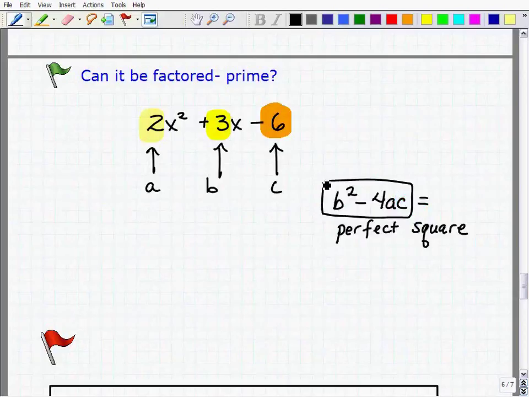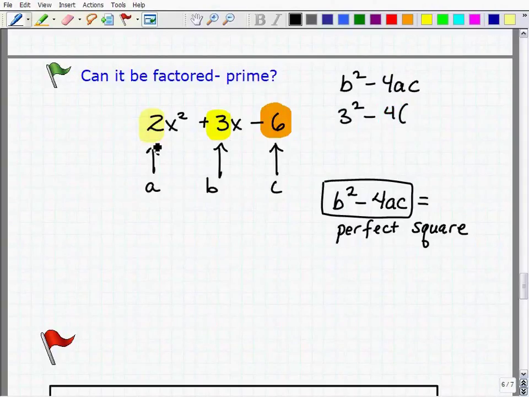So b squared minus 4ac, you've got to remember that. It's called the discriminant in algebra, and you'll see why later on when you study quadratic equations. So b squared is going to be 3 squared minus 4 times a is 2, and c is negative 6. All right, so we're going to get 9 minus, or let's see here, this would be plus, negative 8 times negative 6.